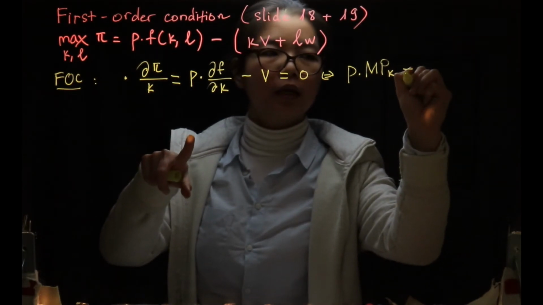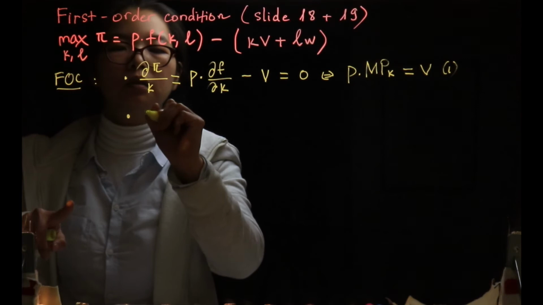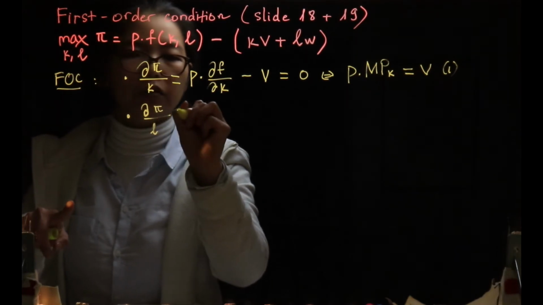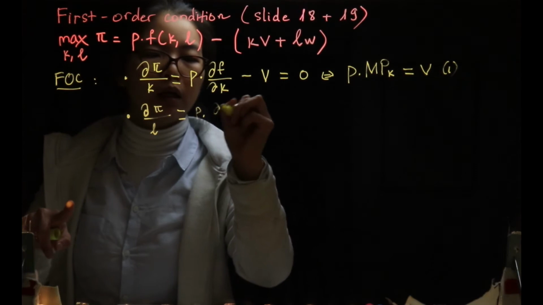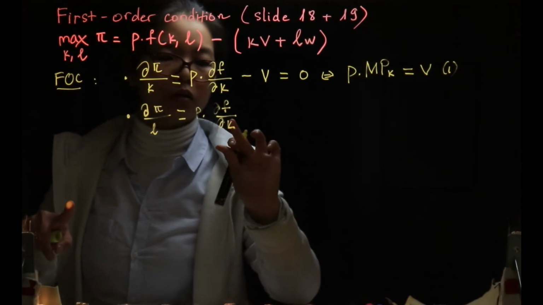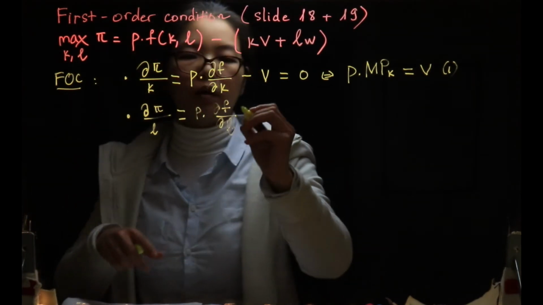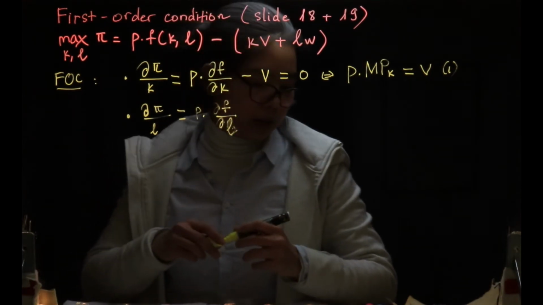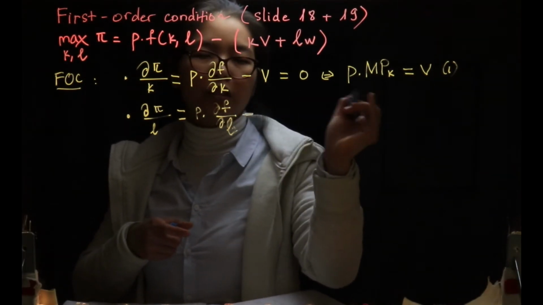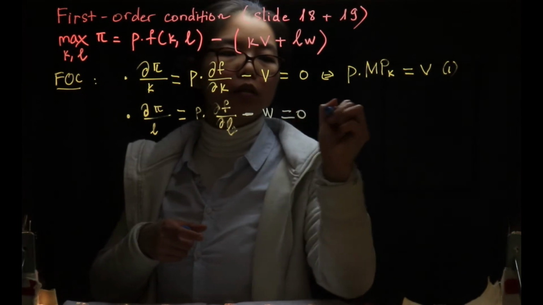We had that before, equals V. The second equation is the first order derivative of pi with respect to L, which is now P times df over dL, which is the marginal productivity of labor, minus W equals 0.